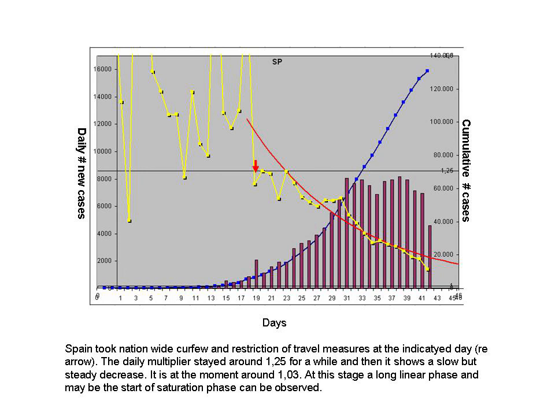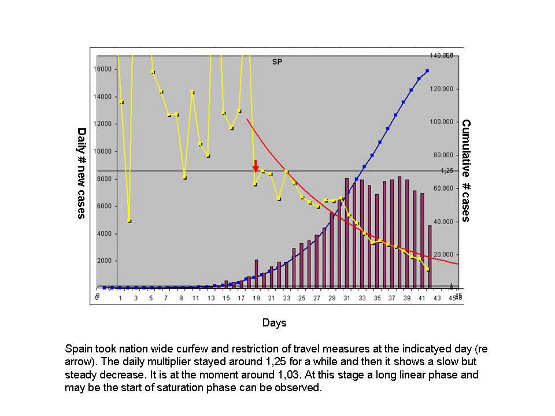When we look at Spain, Spain clearly shows a peak, but the peak is, as you can see, not very sharp, but spread out. The number of daily new cases started to decrease, so it goes to saturation.